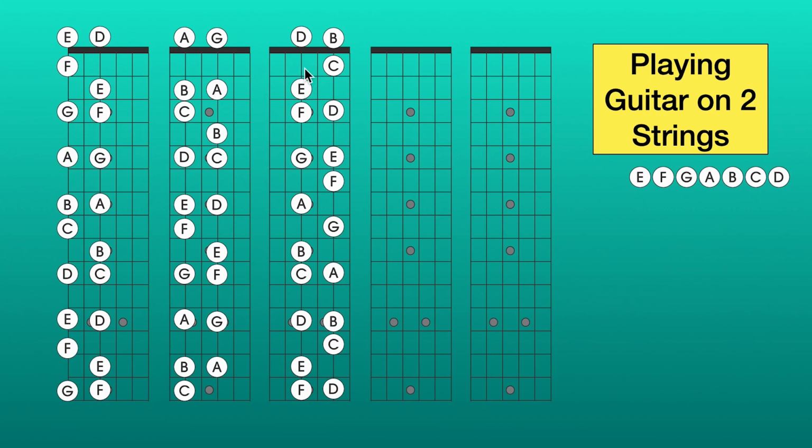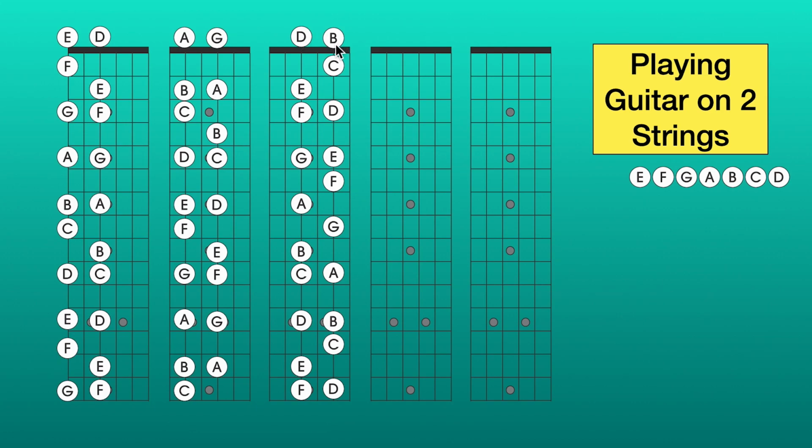So this pattern, once again, because the B string is only tuned a major third from the previous string, we're not going to arrive at a minor seventh here like we did on the other strings. So we look at these intervals here, and now instead of a major seventh or a minor seventh, we have a major sixth or a minor sixth.